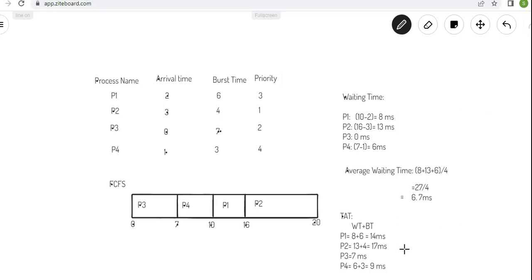Next, we need to calculate the average turnaround time, right? The average turnaround time is again the sum of all the turnaround times divided by the number of processes.